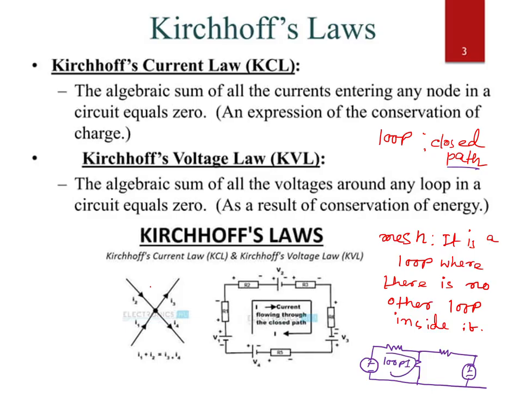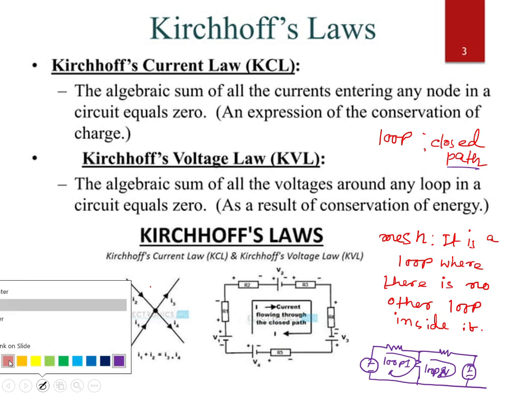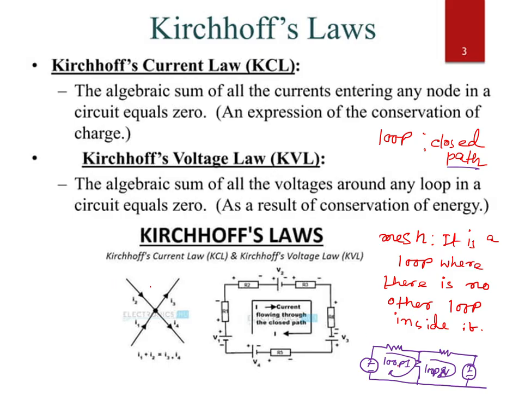Okay, this is closed path. Similarly, this is also closed path. Okay, but this is also mesh. This is also mesh. Okay, why? Because mesh is a loop where there is no other loop. So in this case, there is only one loop, so it is a loop and it is a mesh. Similarly, here also it is a loop, it is a mesh.